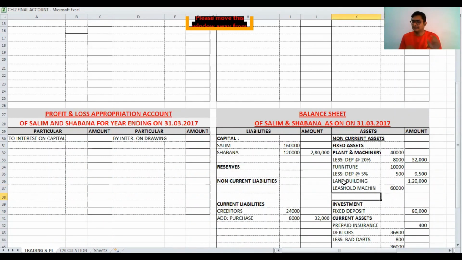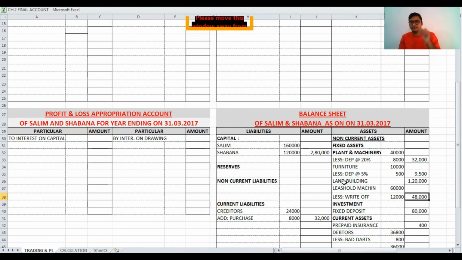Now there is a hidden adjustment, less write off, because in bracket they have provided that this leasehold machinery is for 5 years, means this machinery that is given on lease for 5 years. So 60,000 divided by 5 means per year amounting to 12,000, and from 60,000 we have to deduct 12,000, 48,000.